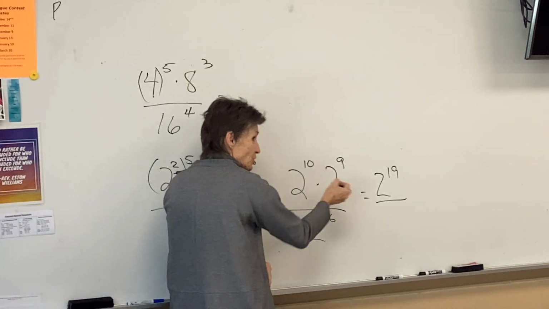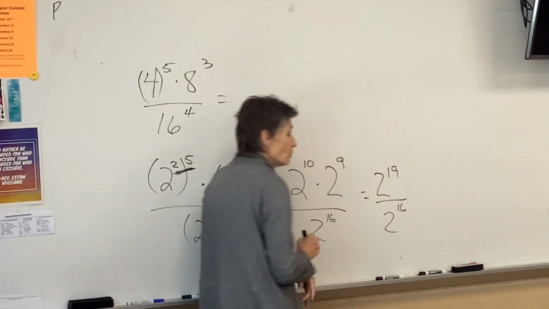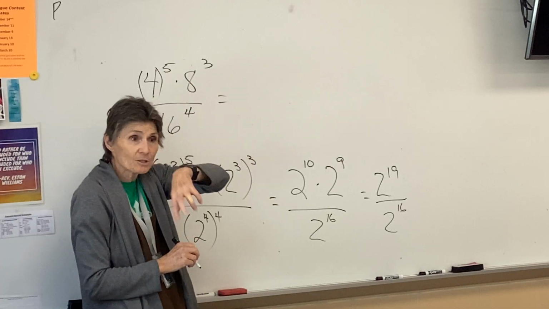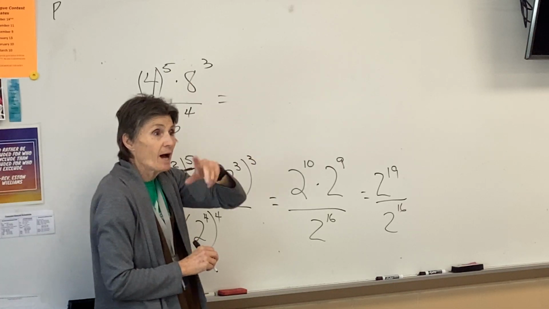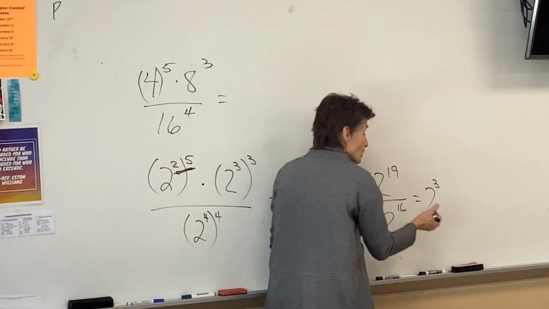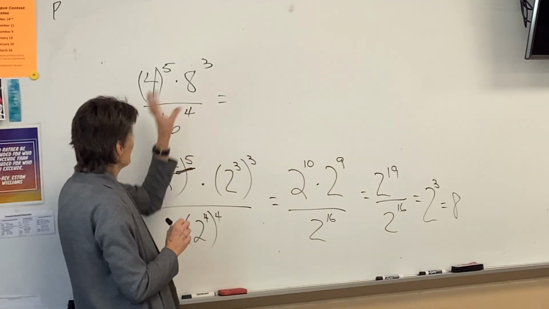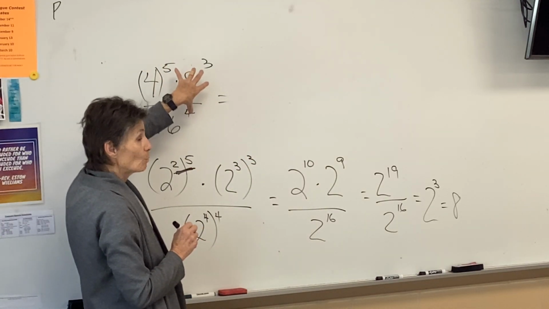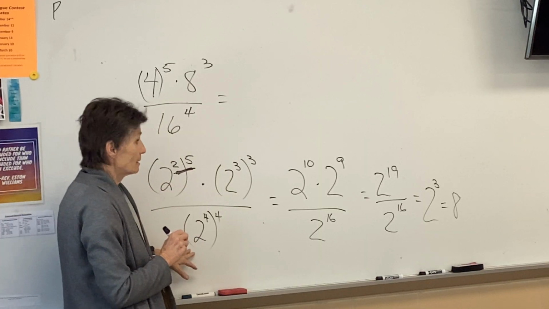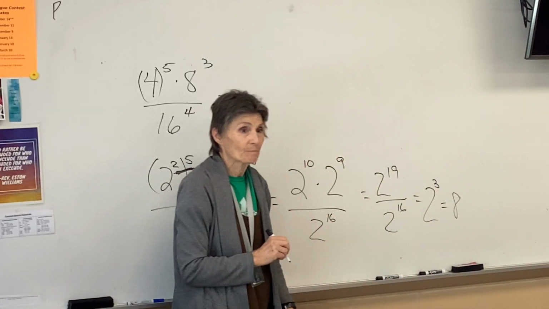And then, when I have a 2 to the 19 divided by a 2 to the 16, I subtract the exponents and get 2 to the third, which we know is 8. So this mess, we change everything into 2's, do our properties of exponents, and we end up with our answer.